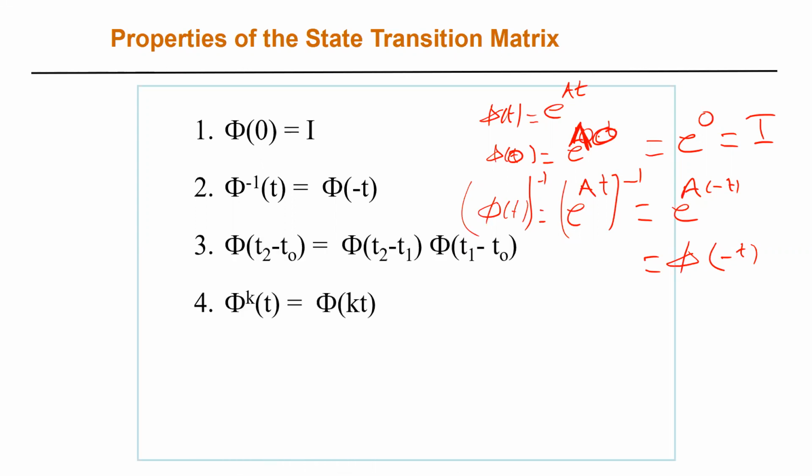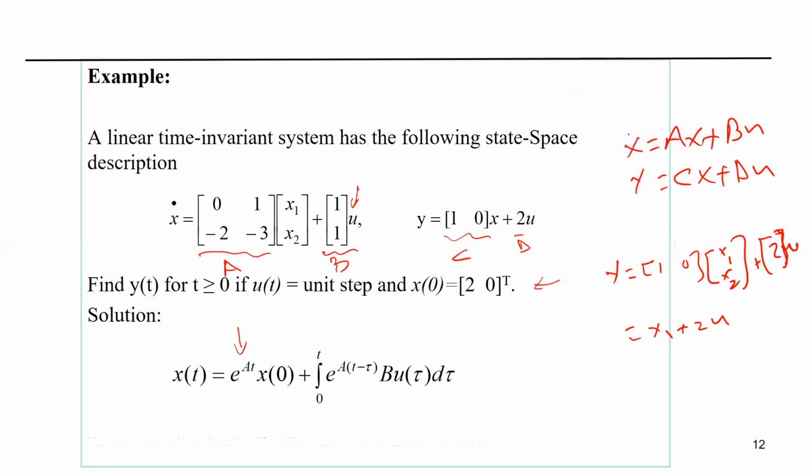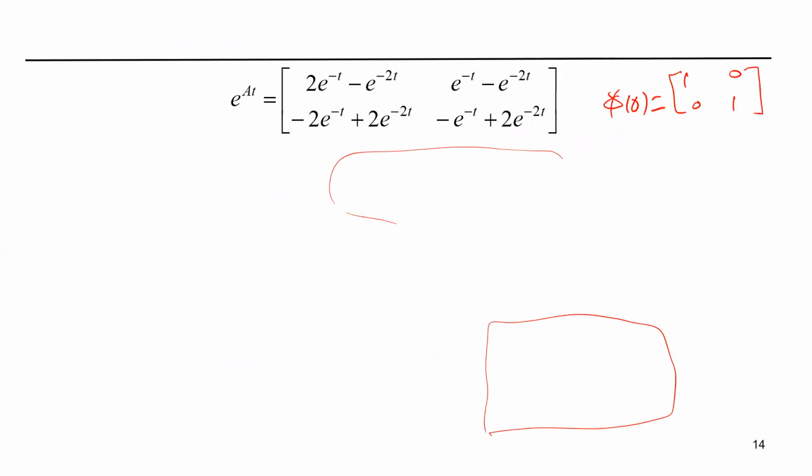Imagine you want to invert this matrix. How do you invert it in the normal way, if it's not a state transition matrix? You have to find the determinant and then exchange, so it is not easy. While here, all you have to do is take the inverse of e^(At) and simply replace each t by -t.